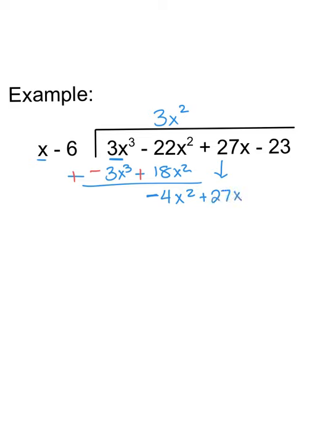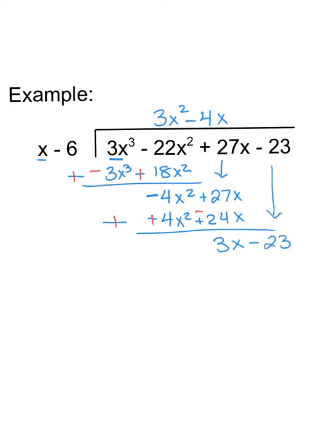X times what gives me negative 4x squared? Subtract. Negative 4 plus 4 is 0. 27 minus 24 is 3. Carry down. Subtract.